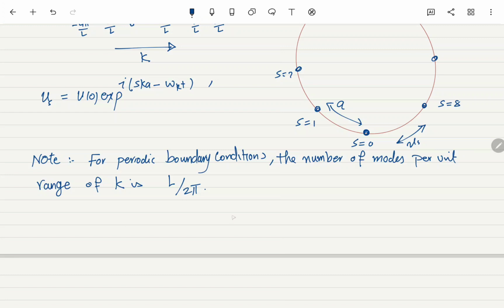For all k values here, this is k greater or equal to minus π/a and less or equal to π/a, or 0 otherwise.